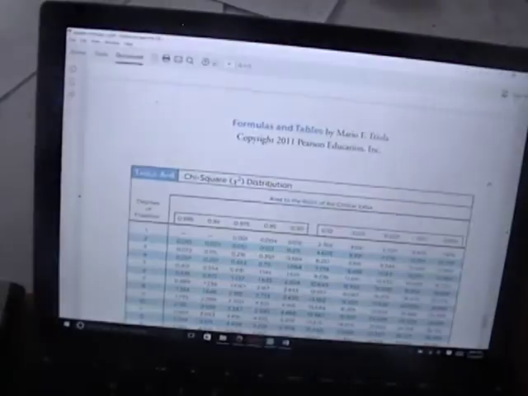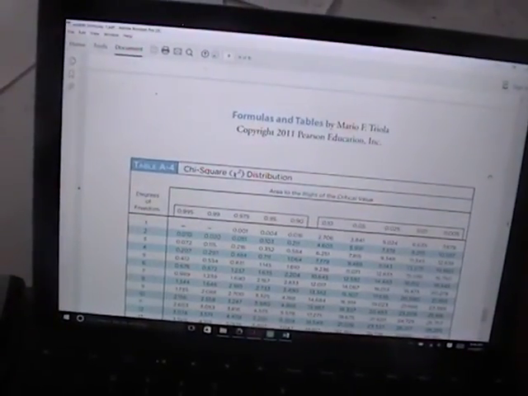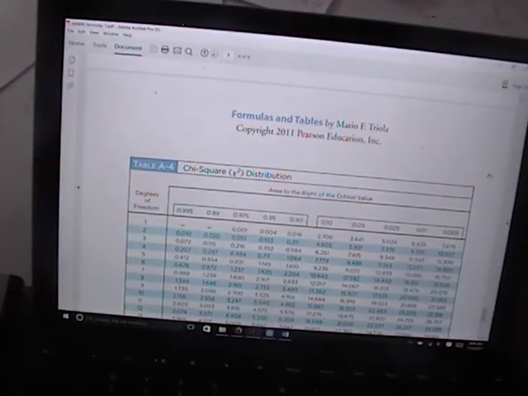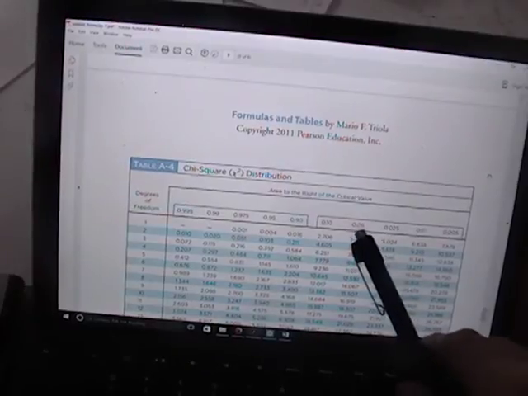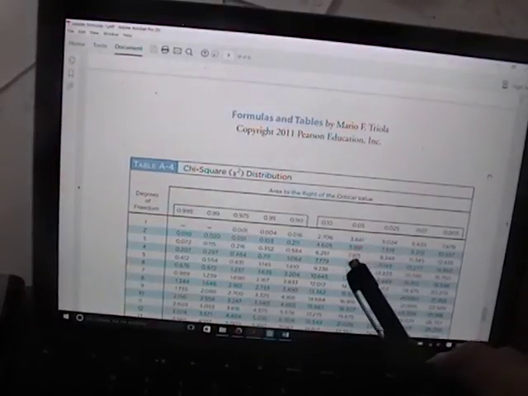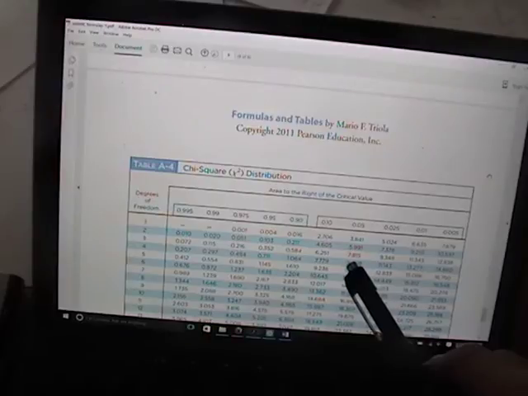Here is the one that I gave. Now, alpha was 0.05, degree of freedom was 3, so the critical chi-squared would be 7.815.